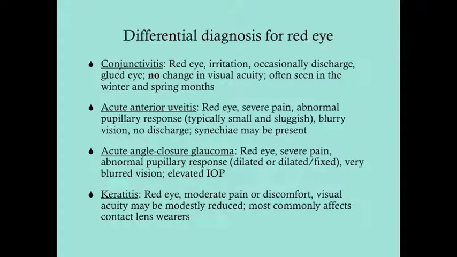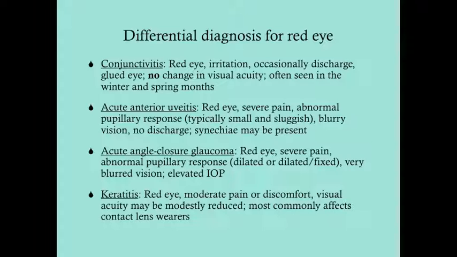When there is inflammation there, it is not only going to cause severe pain because there's significant innervation in those structures, but that also, particularly the ciliary body and the iris, affects the pupillary response. When there is inflammation in the iris and in the ciliary body, you're not able to open your pupil. You're not able to dilate your pupil.